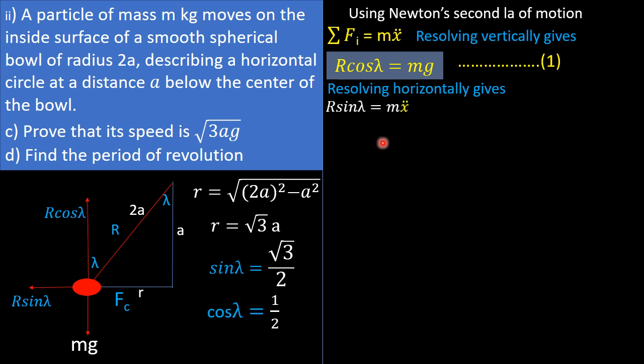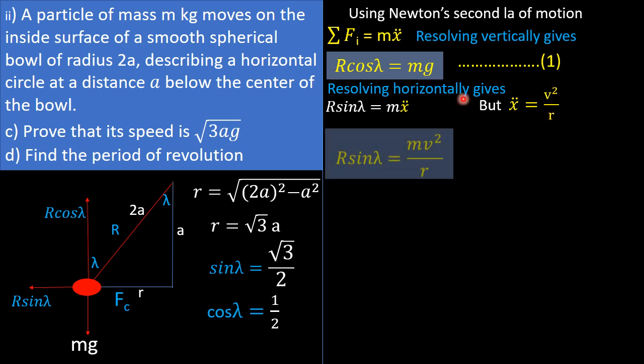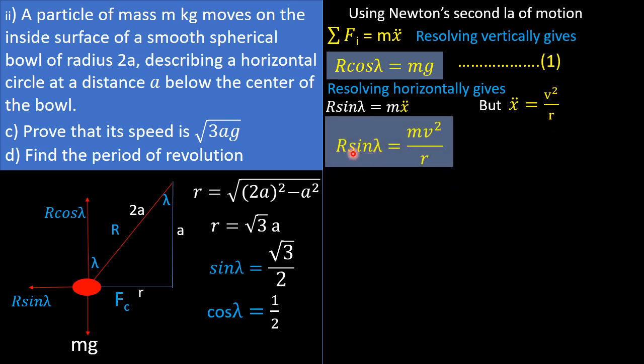So we are going to have R sine lambda equal to the mass times the acceleration. But we should know that the acceleration in this case is the centripetal acceleration, which has a value of v squared over r. So this formula now turns out to be R sine lambda equal to m, which stays the same, times v squared over r. That's great. Then friends, we can call this equation 2.